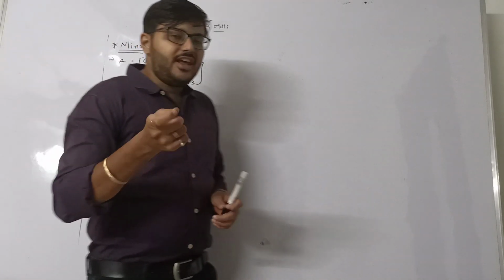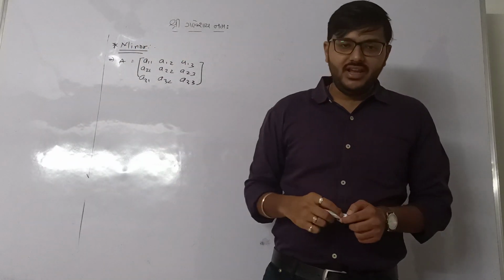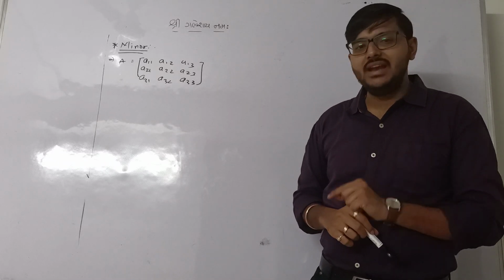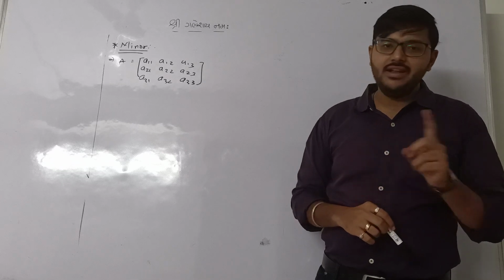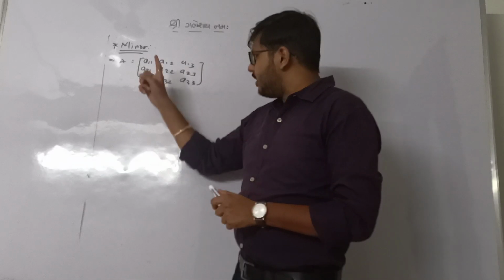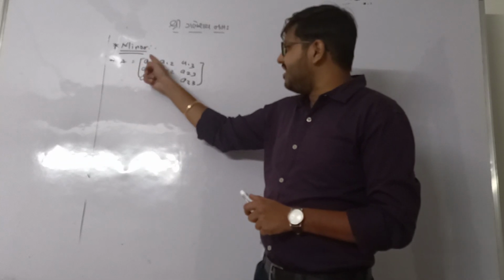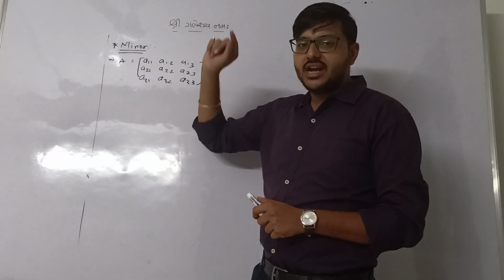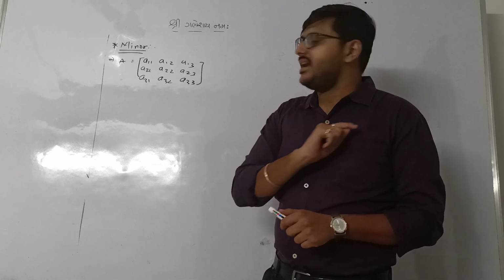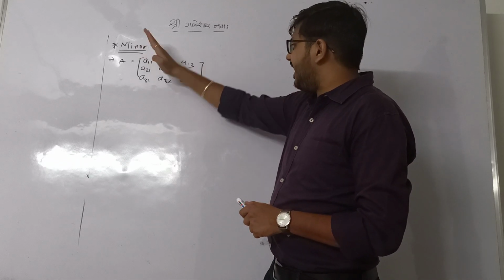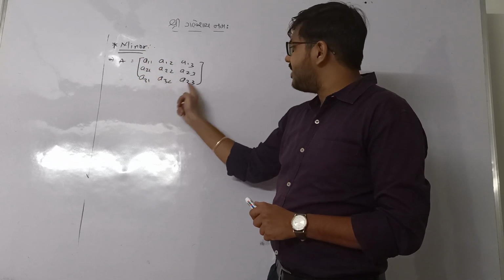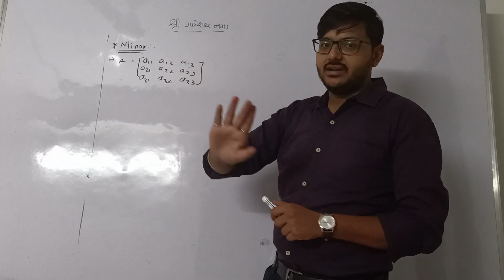The minor of any element of a matrix is a reduced order determinant obtained by eliminating the row and the column where the element is, and putting the remaining elements as they are in the determinant.